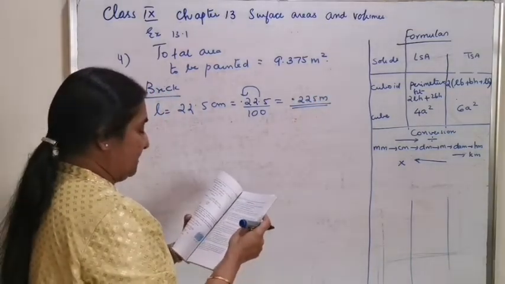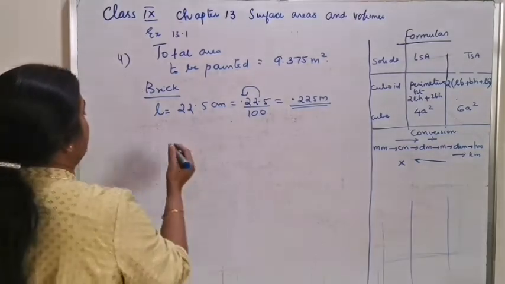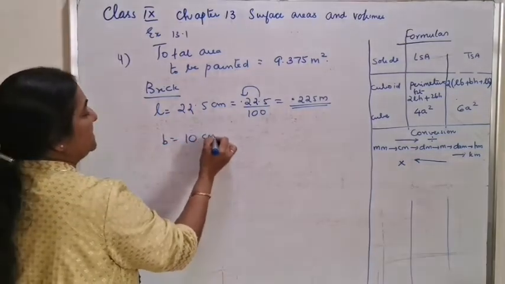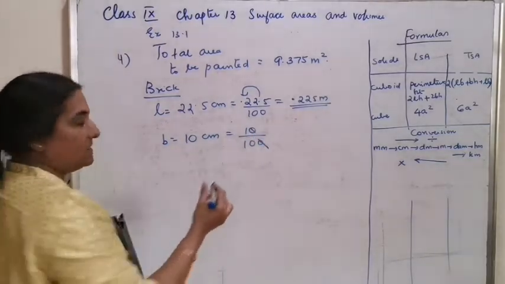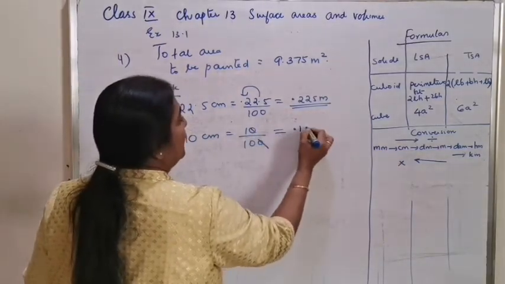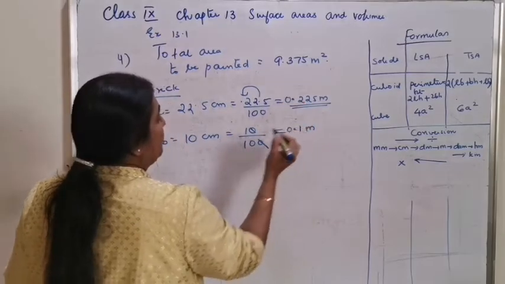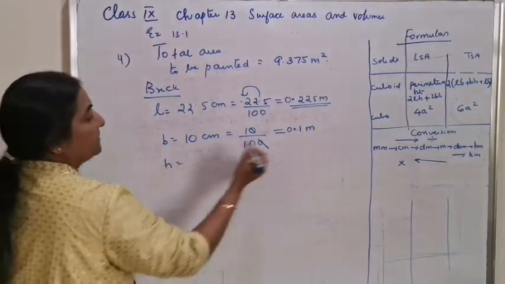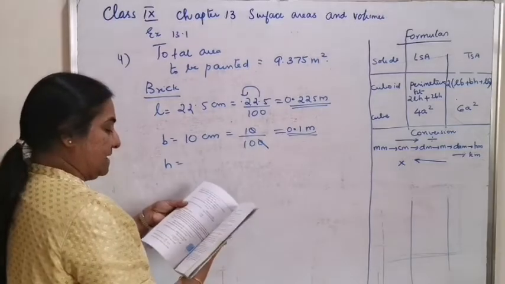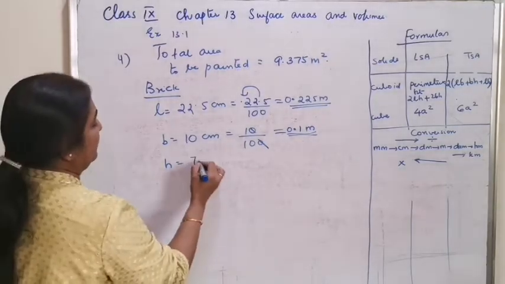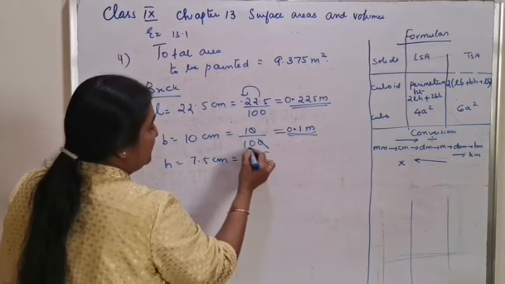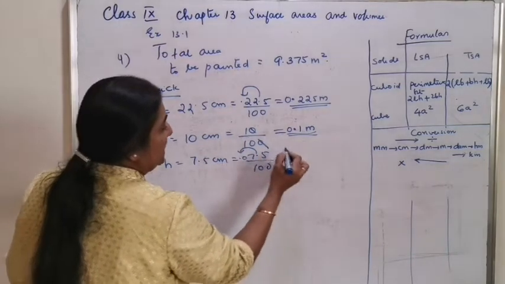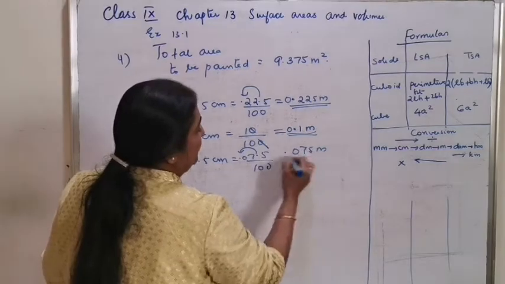Next, the breadth is 10 centimeter. Again 10 by 100, the 0 can be cancelled, or 0.1 meter. The next is height. Height is given as 7.5 centimeter, which is 7.5 by 100. Shift 2 decimal places, which shows 0.075 meter.